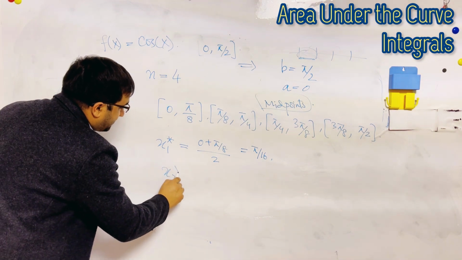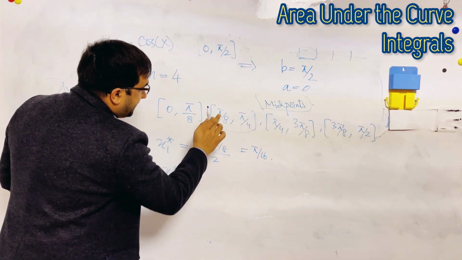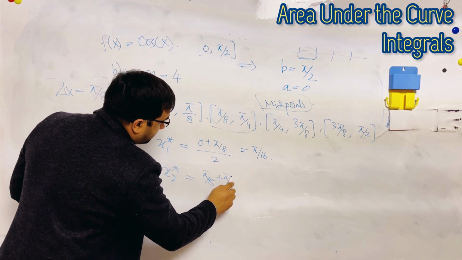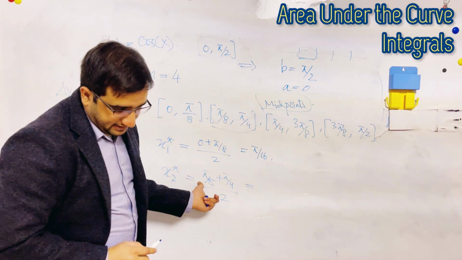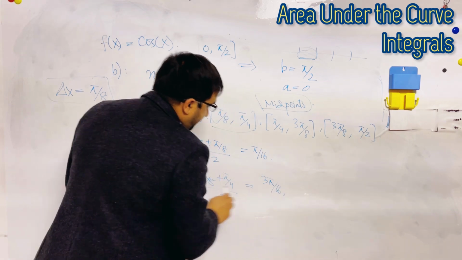Similarly, x2 star is the middle point of this interval, pi by 8 plus pi by 4 divided by 2, and when you do this calculation, the answer is 3 pi by 16.